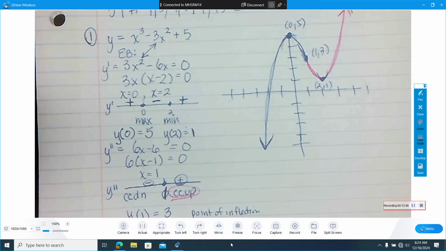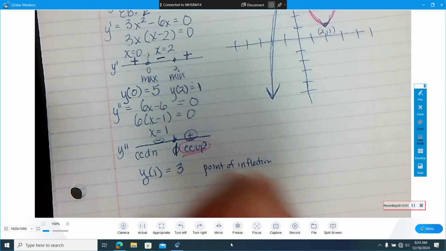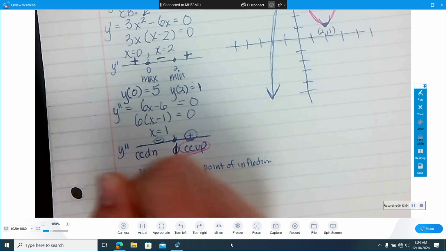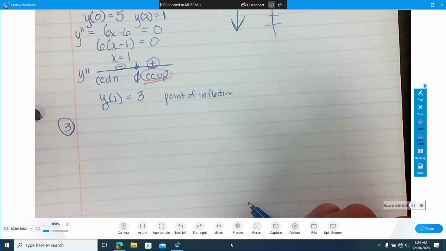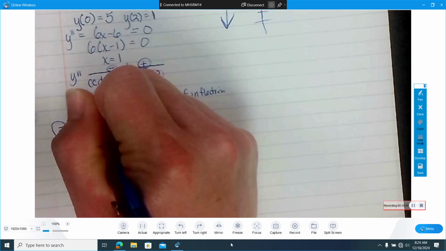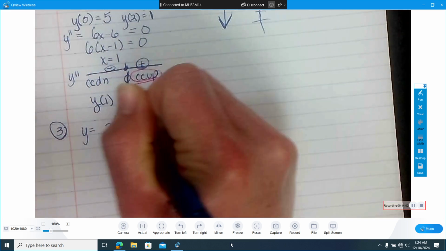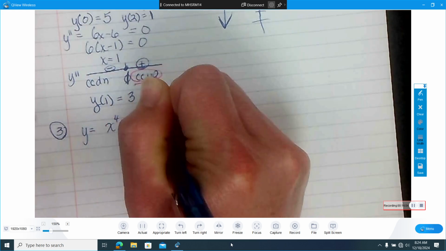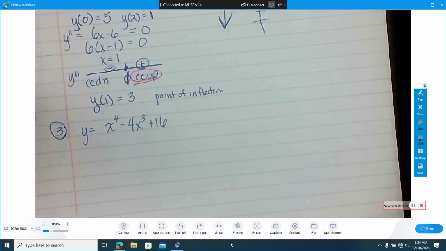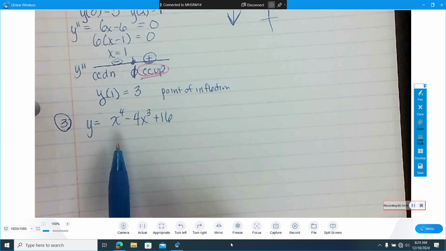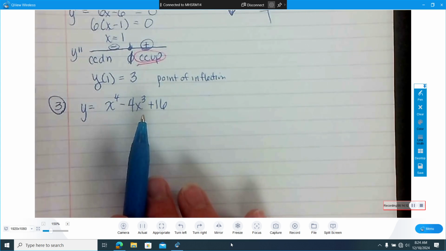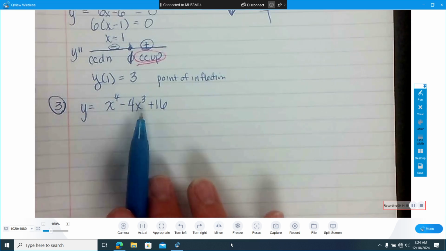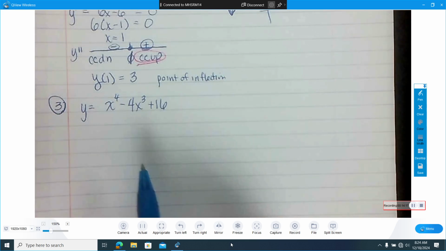All right, let's try another. Number 3. Y equals x to the 4th minus 4x cubed plus 16. Once again, I would try to factor this if I could, but because it's a 4th degree and it's not like x to the 4th and then x squared, I can't possibly factor it.